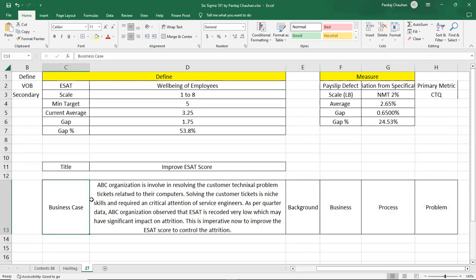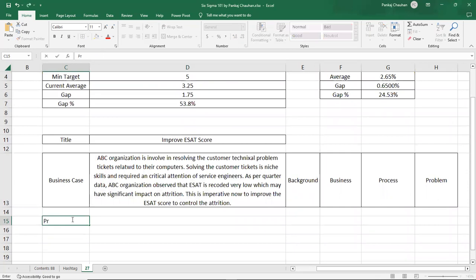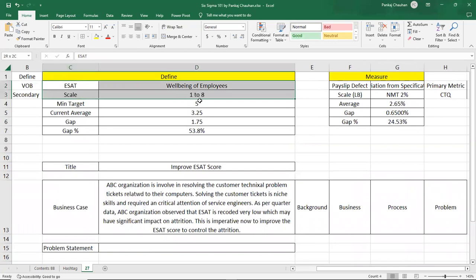So once you have completed the business case, then we have to write the problem statement. Assume your CTQ is not clear. You just receive the voice of business from your manager or from your head of the business. And based on the voice of business, you will write your problem statement.